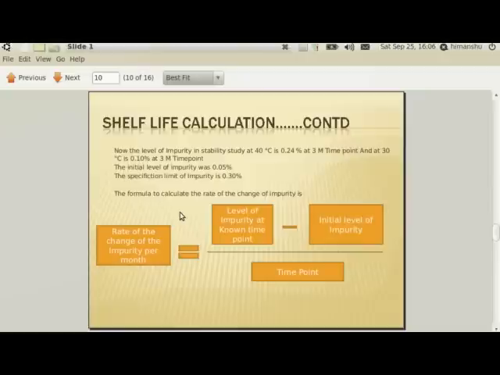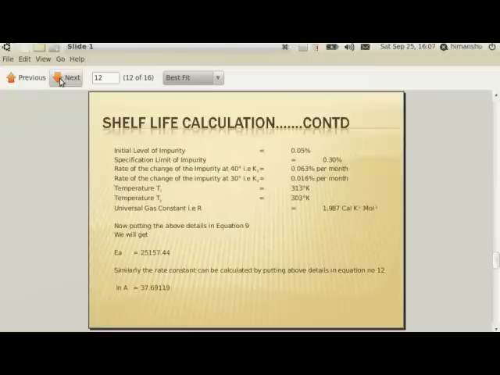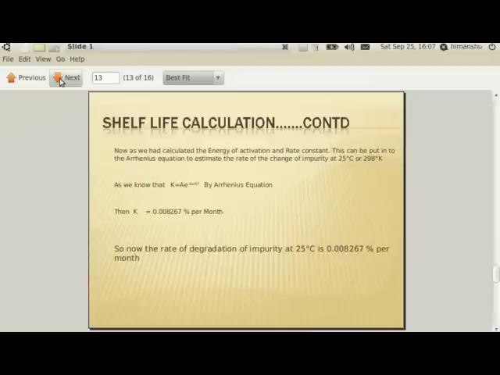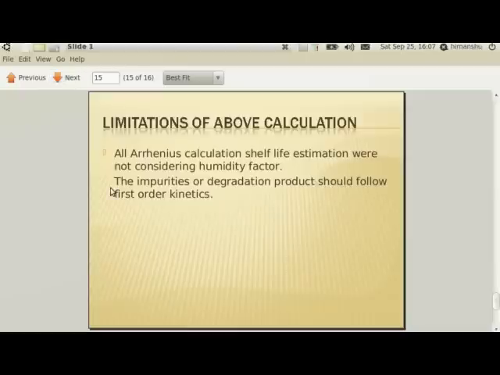For shelf life calculation, if we know the rate of the change of impurity per month, we can calculate it. So the shelf life of a product is equal to the specification limit of the impurity minus the initial level of the impurity divided by the rate of the change of the impurity per month, and that we have calculated as 30.24 months.